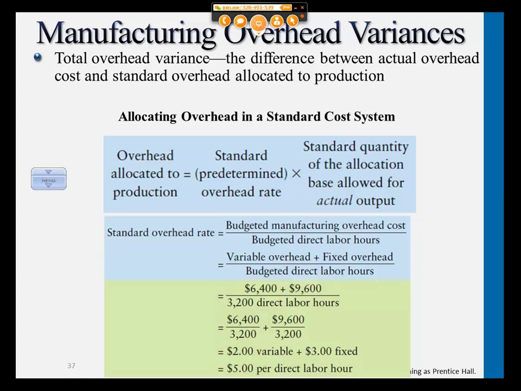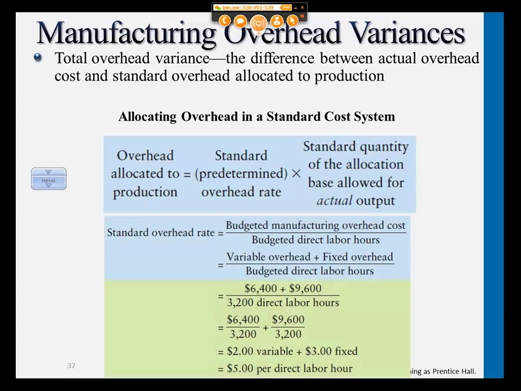If we were talking about Smart Touch, and we'll look at the exhibit in a second, we know that our variable overhead and fixed overhead are given to us as 6,400 and 9,600. We've had that on slides before, just to remind you. What's given to us is the budgeted direct labor hours, and it's 3,200 direct labor hours.